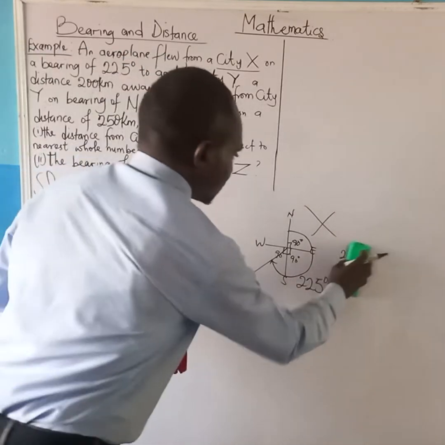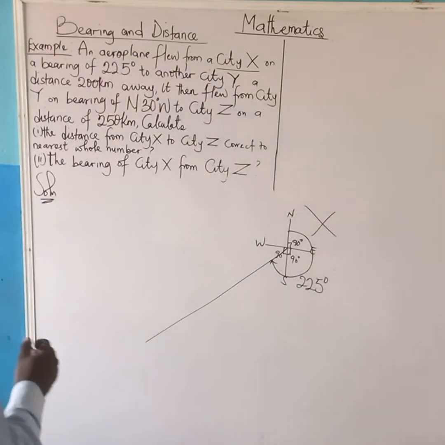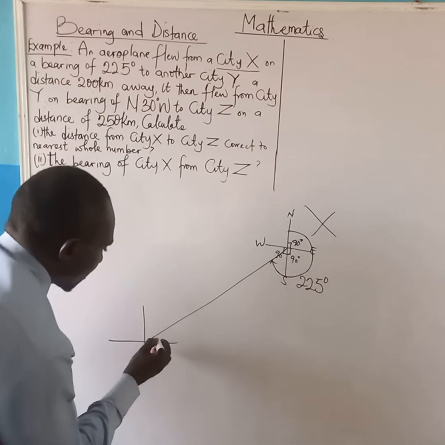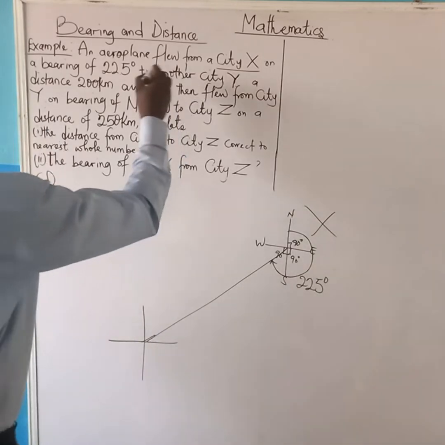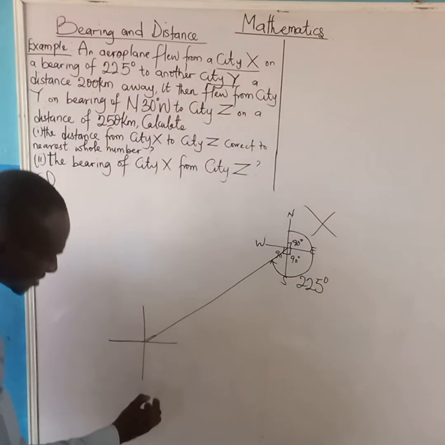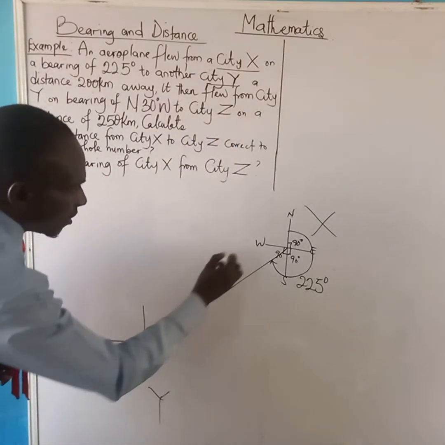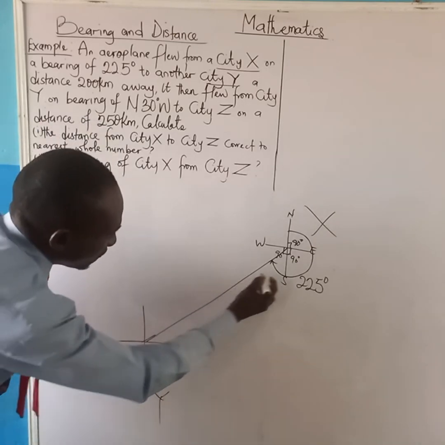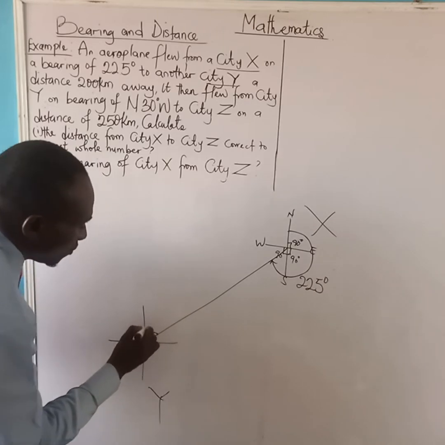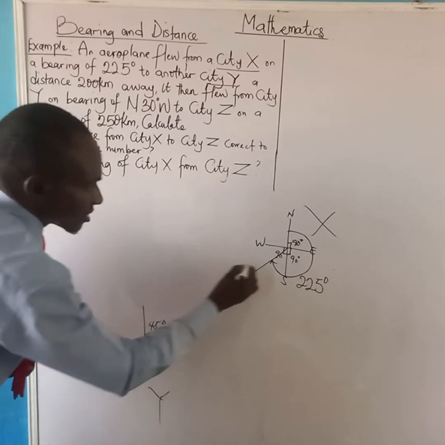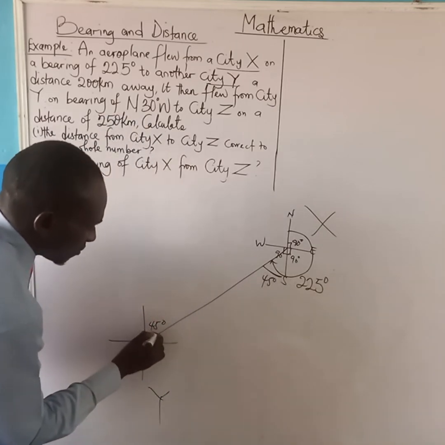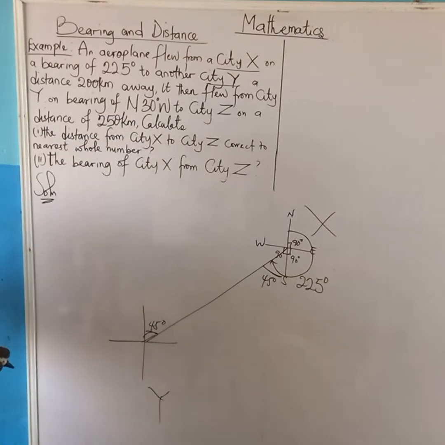So having done that, this automatically gives us the bearing of city Y. So we have our city Y here. Now the bearing of this place to this place is 225. Automatically this place will give us 45, because from here to here is 45 degrees. The alternate angle will give us 45 degrees here.